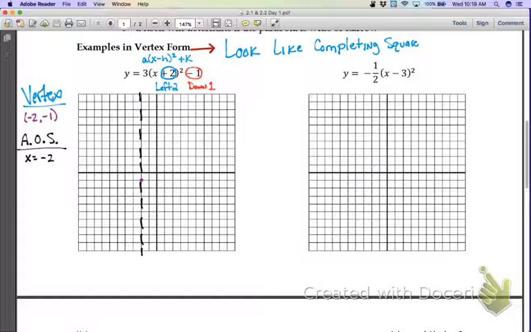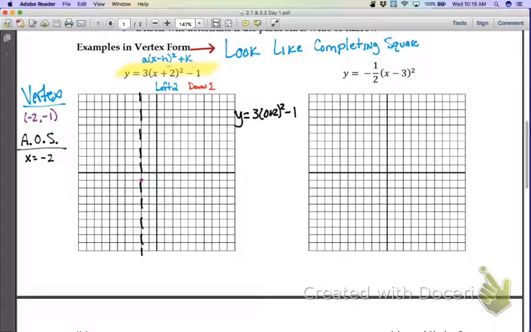What would be an easy value to plug in to this equation right up here? 0, right? Not necessarily 0, 0, but just 0. Okay? Because if I pick 0, and I go y equals 3 times 0 plus 2 squared minus 1. Now, I'm going to show all the steps.